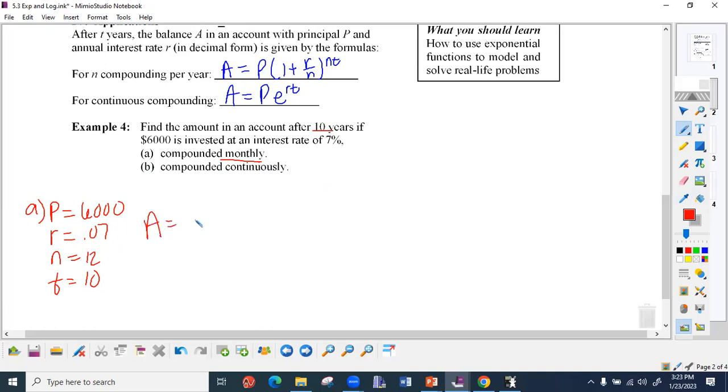So we have A equals 6,000 times 1 plus 0.07 divided by 12, to the 10 times 12. Once I have that, I just got to plug it in the calculator, right? So I'm plugging in the calculator to figure out what is my A. What's the amount I have earned?